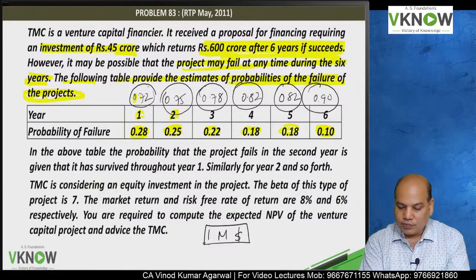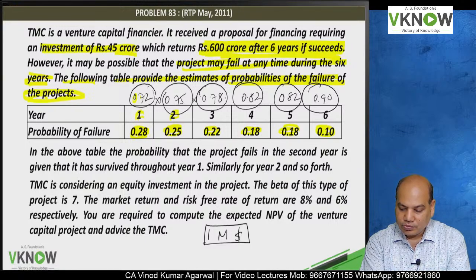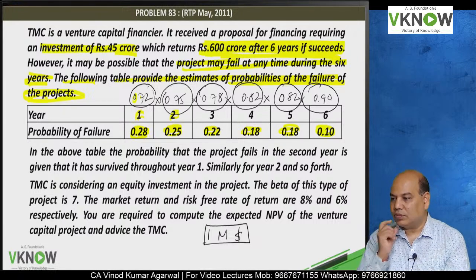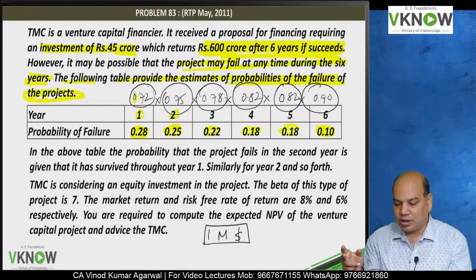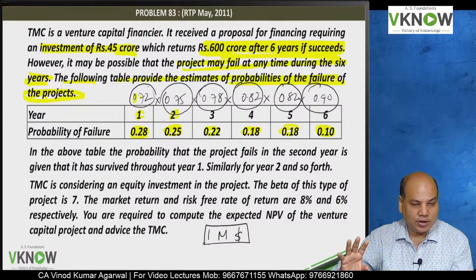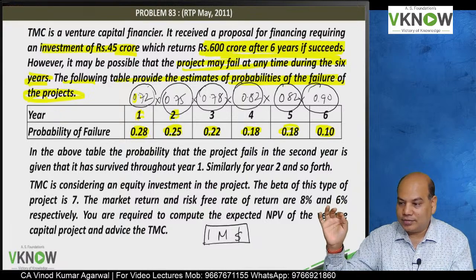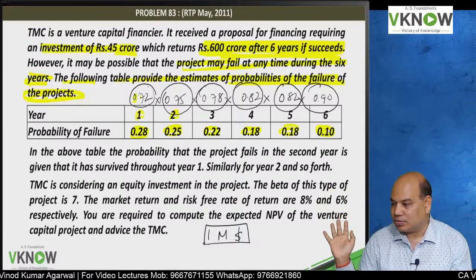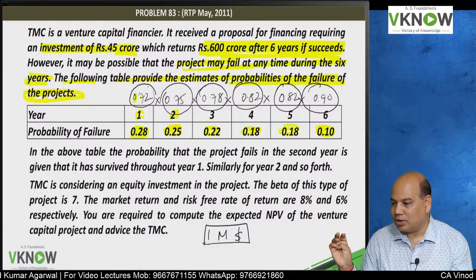Therefore, we will have to multiply all these probabilities. All success probabilities you will multiply, then you will get that the project is finally successful. So what is the probability of success?